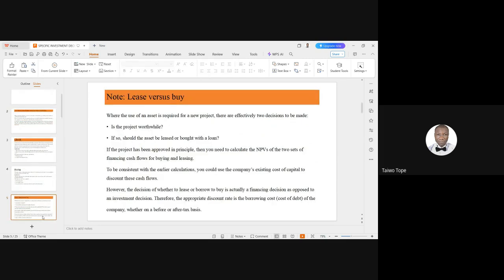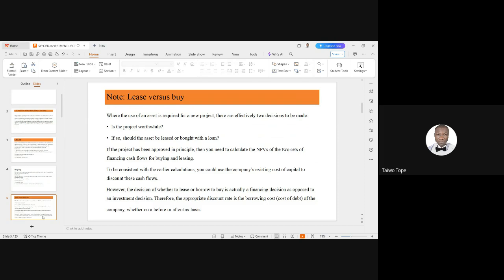So, in talking about lease versus buy, the point is this: when the use of an asset is required for a new project, there are effectively two decisions to be made.